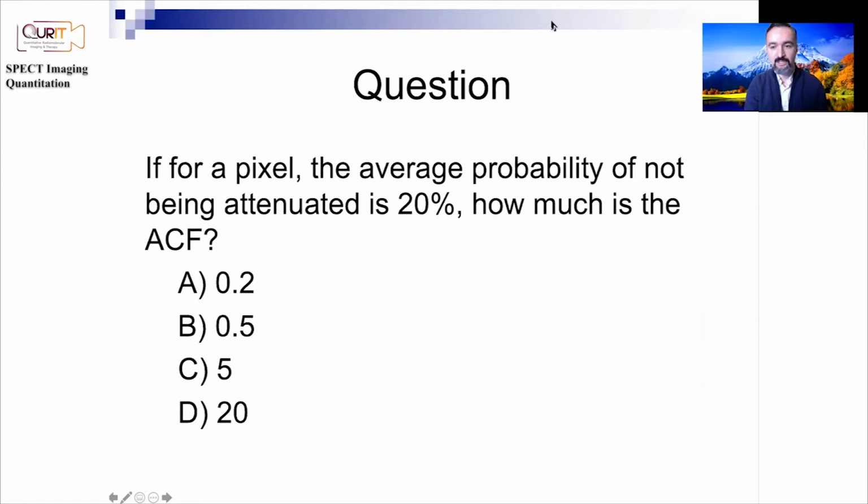So let's ask you guys a question here. Let's poll you guys. The question is, if for a pixel the average probability of not being attenuated is 20%, how much is the attenuation correction factor? Think about it.